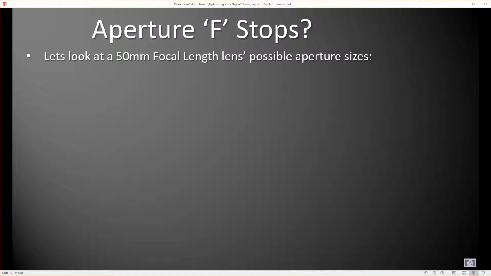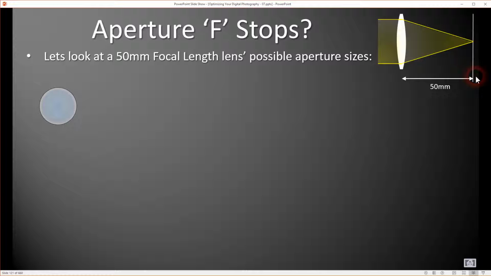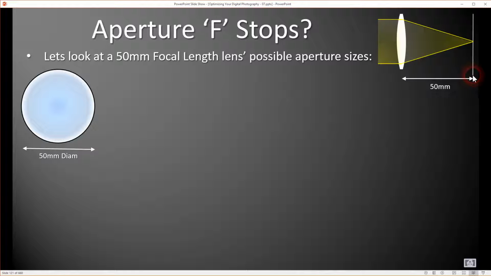So let's have a look at a 50mm lens, and possible aperture sizes. Here we have a 50mm lens with a focal length of 50mm. If it's 50mm diameter, fully open, we have an f ratio of 1. 50 divided by 50 is 1, so it's an f1 lens.